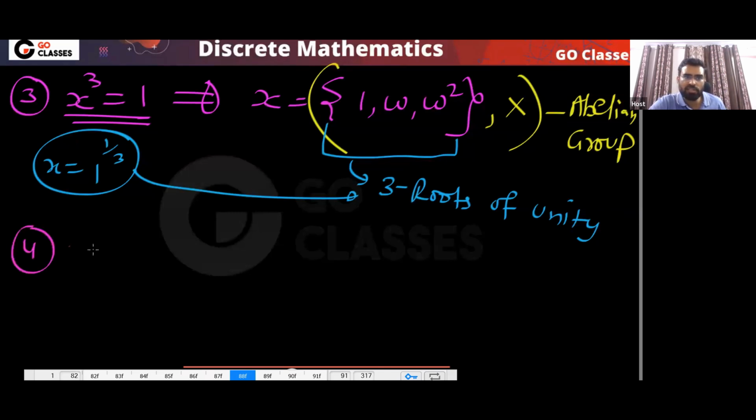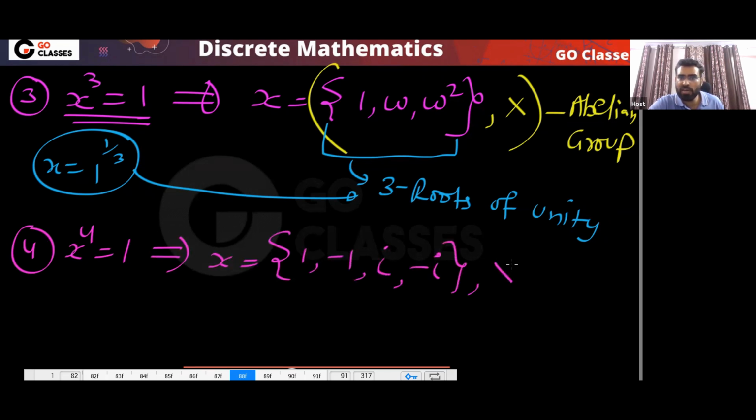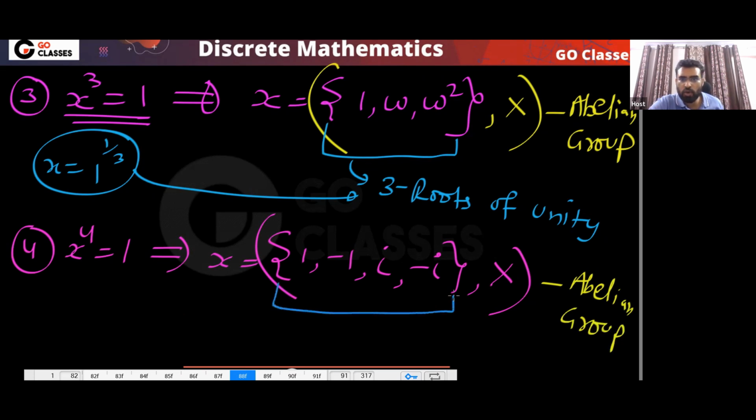Similarly, fourth, if I take x power 4 equal to 1, from this equation what x will I get? I will get 1, minus 1, iota, minus iota. Under multiplication, this is also an abelian group. And these four are called four roots of unity.